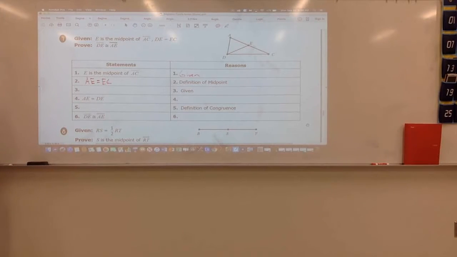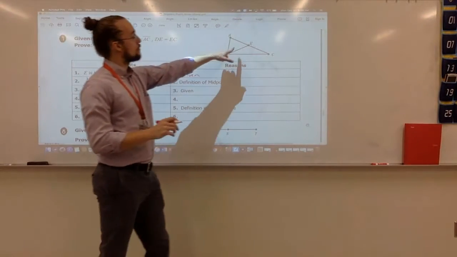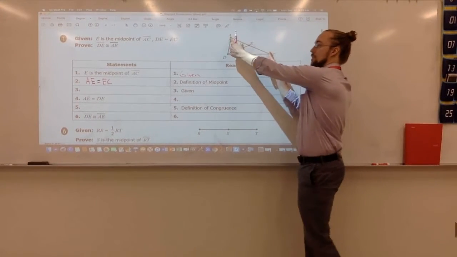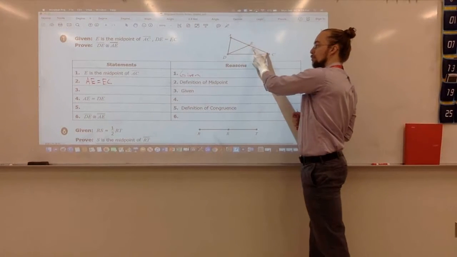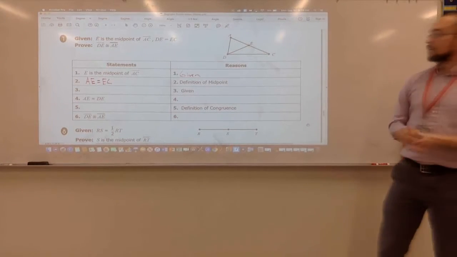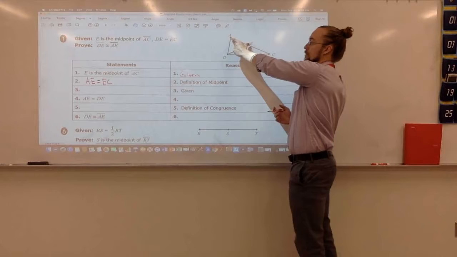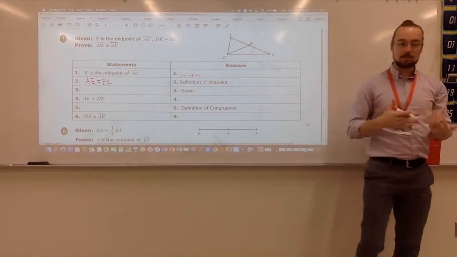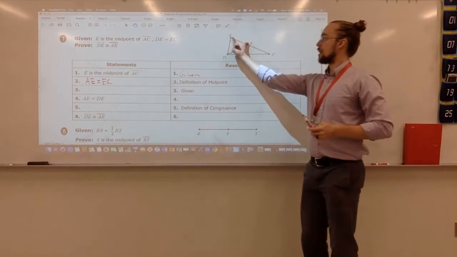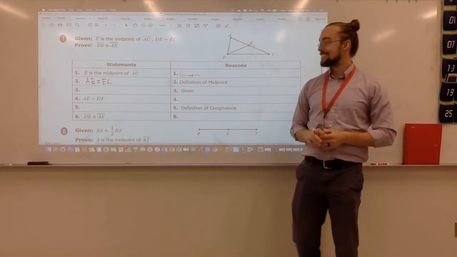AE and EC. If I know that E is the midpoint of AC, what I can say is those two pieces, the two halves of that segment, are equal to each other. That's just the definition of a midpoint. It cuts the segment exactly in half, so the two halves are equal. So we can say AE equals EC.